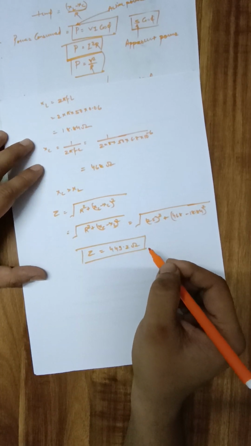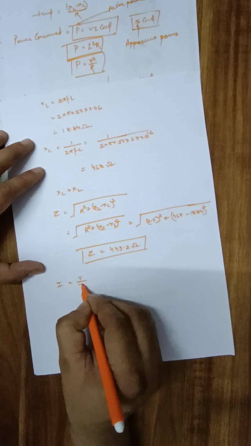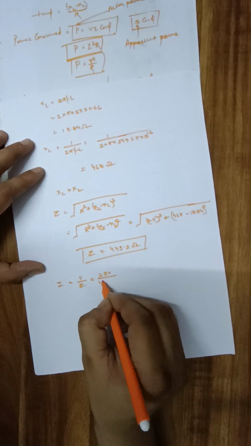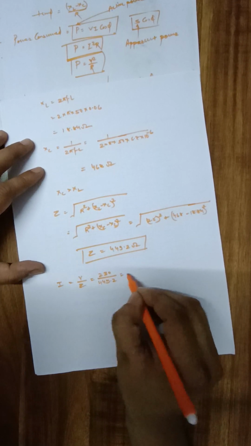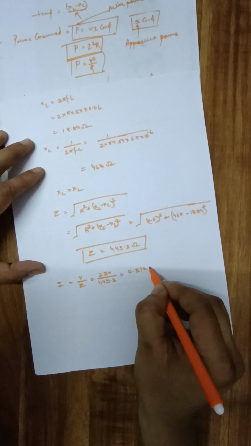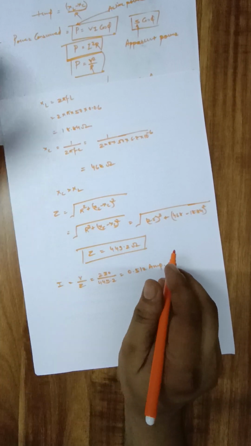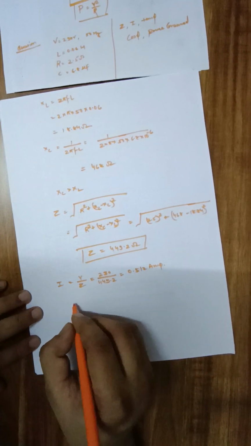Now what will be the current? Current I will be equal to V by Z. What is V? V is given 230 volt upon 449.2. So the result will come like 0.512 ampere. Clear? Now next is what? We have to calculate tan phi.